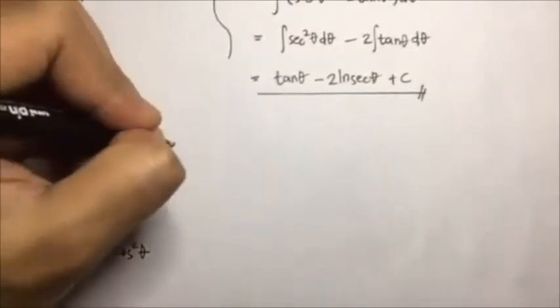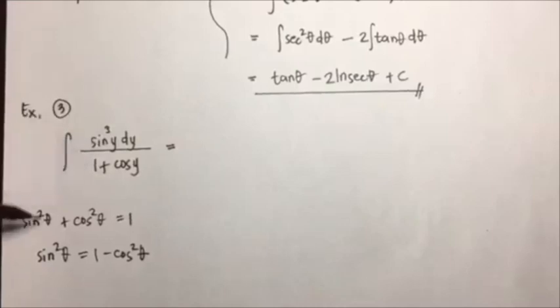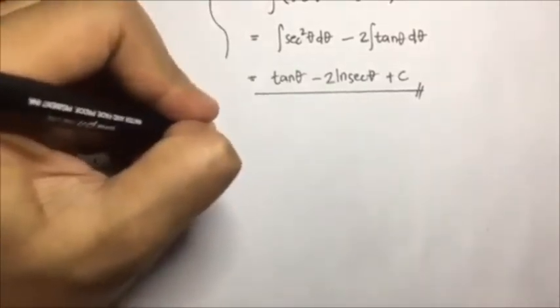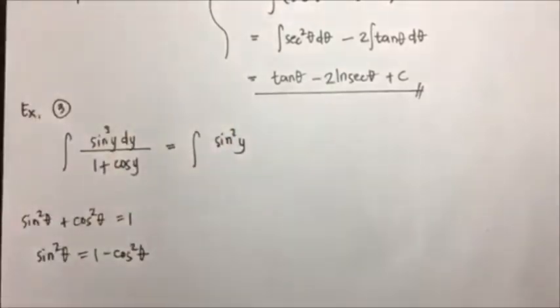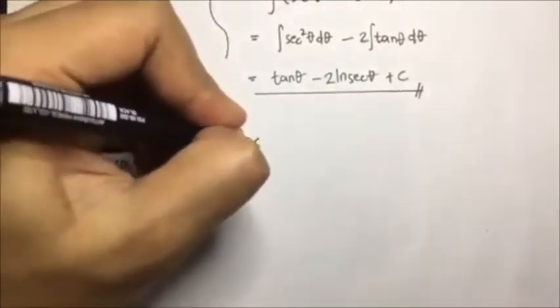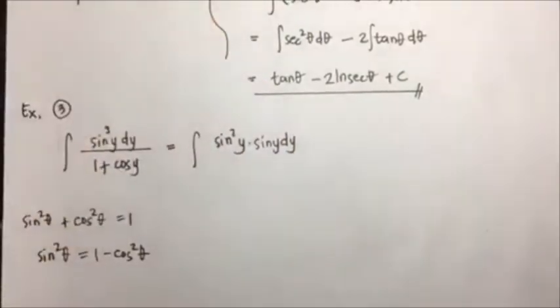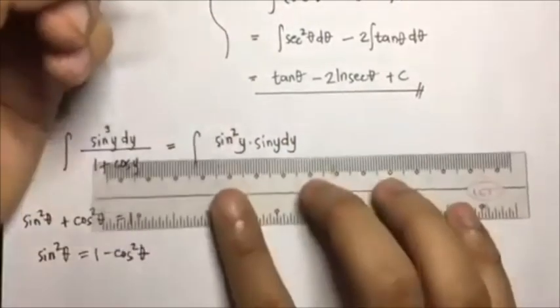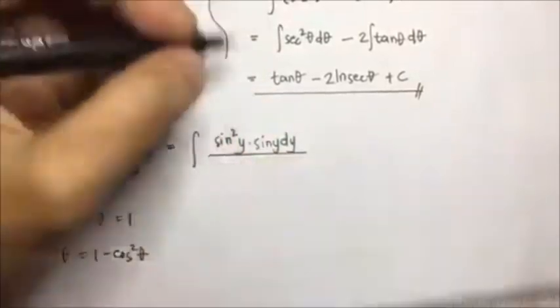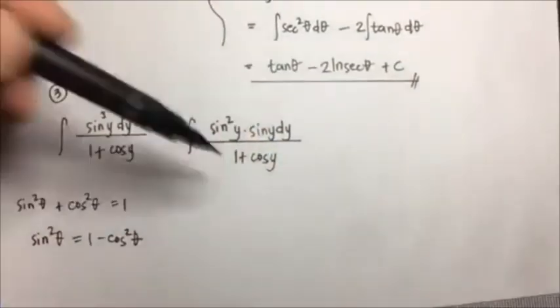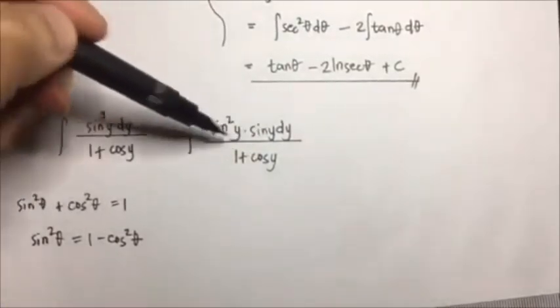So we can separate sine squared from sine cubed, so we'll have the integral of sine squared y times sine y dy over 1 plus cosine of y. This is still sine cubed y, right?